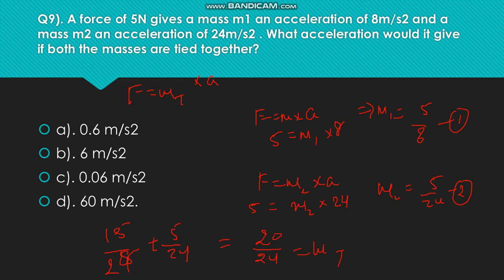Force is 5, so 5 equals 20 divided by 24 into acceleration. 20 fours are 80, 5 sixes are 30, and my acceleration turned out to be 6 meter per second square. So answer B is correct, 6 meter per second square. Just find out the individual masses, add them, and find the resultant acceleration.